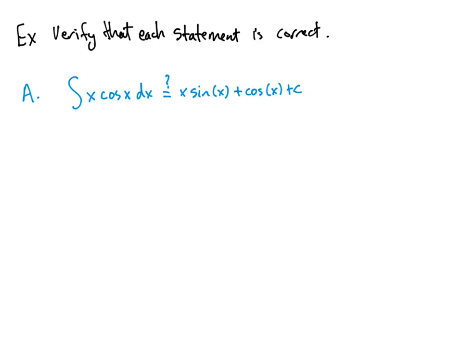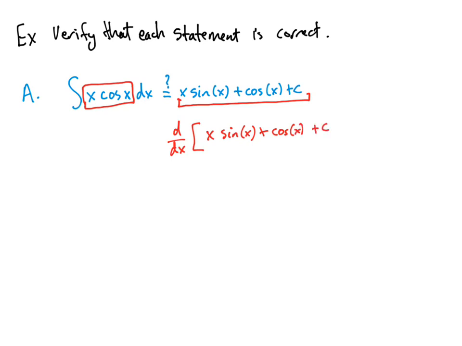So to verify this, we just take the derivative of that antiderivative and see if we end up with the integrand over here, with this function. So we're going to say d/dx of x times sine of x plus cosine of x plus c. So let's take the derivative of that and see if we end up with the integrand.